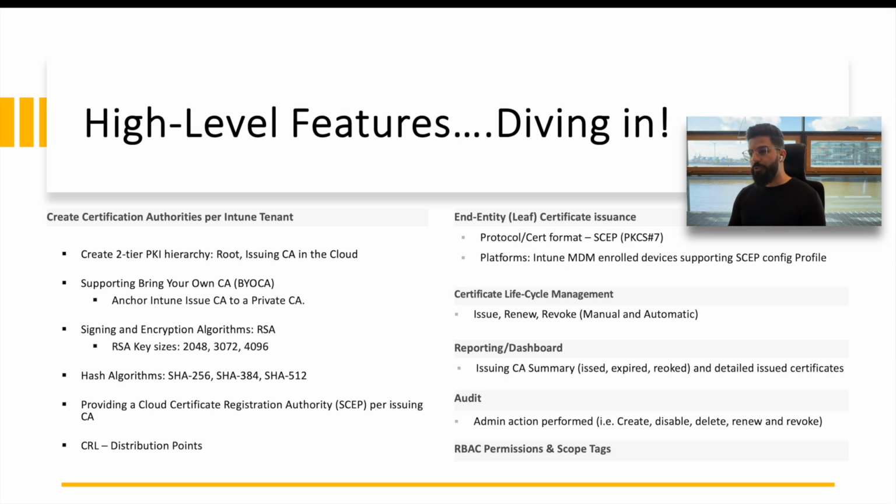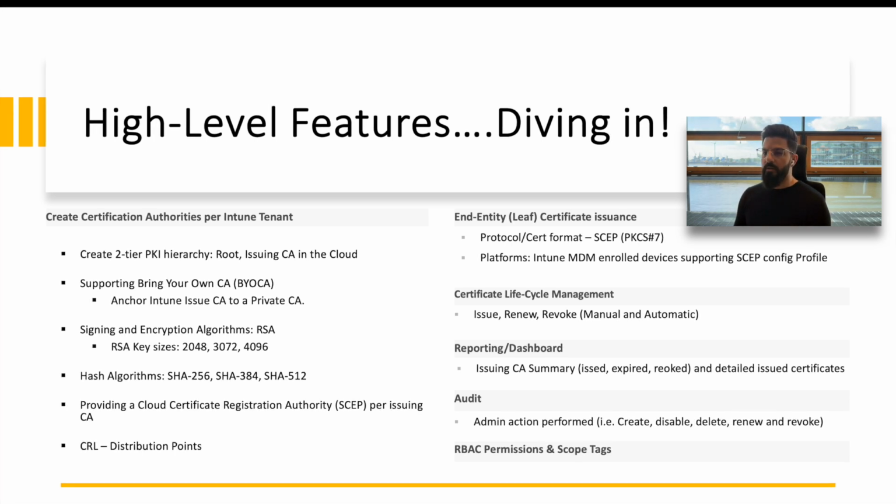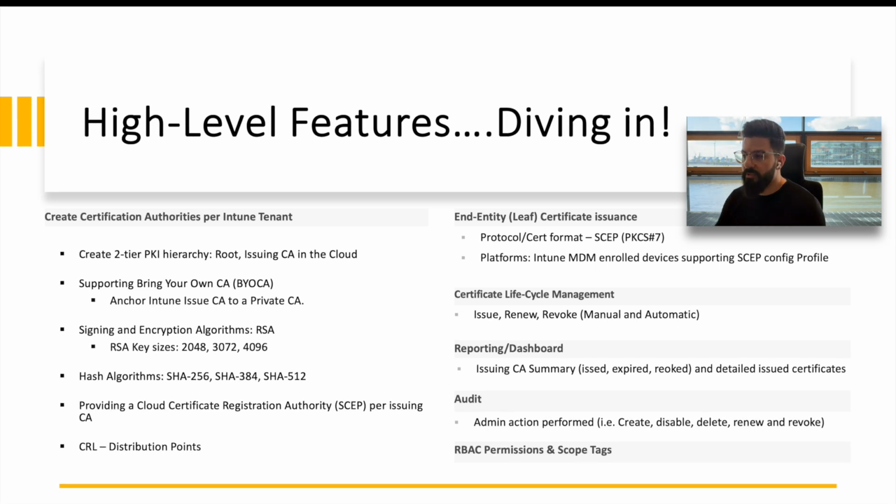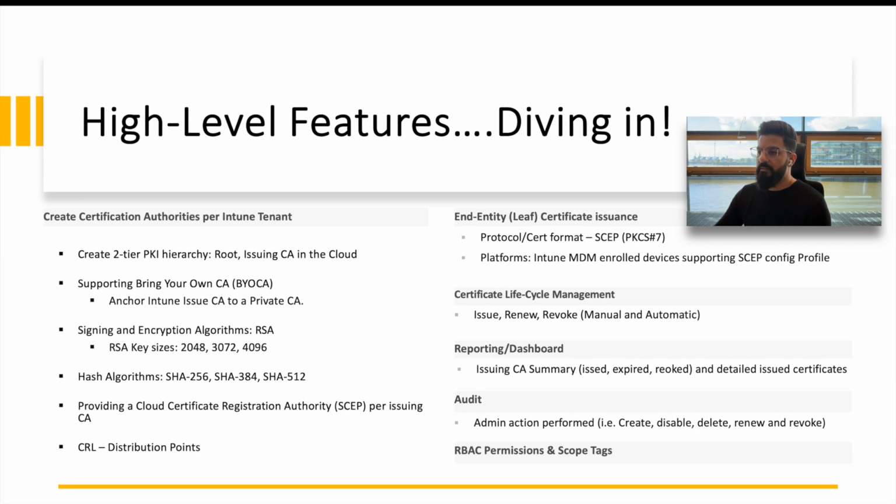You have the ability to create certificate authorities in your Intune tenant, and you can create a so-called two-tier PKI hierarchy consisting of a root and issuing CA in the cloud. You are restricted to two tiers in the cloud, and you have two approaches here.